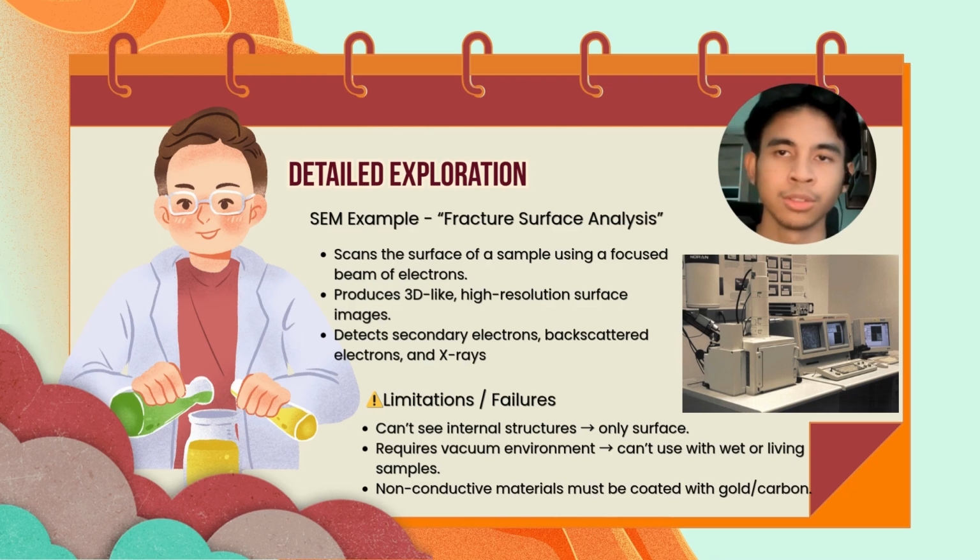And the limitation is that it can't see internal structures, only the surface. The second one is that it requires a vacuum environment, so it can't be used with wet or living samples. And last but not least, non-conductive material must be coated with gold or carbon.